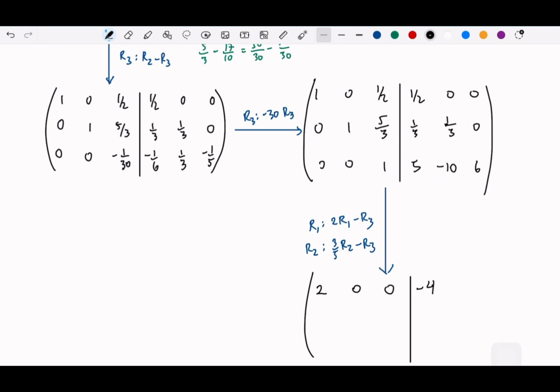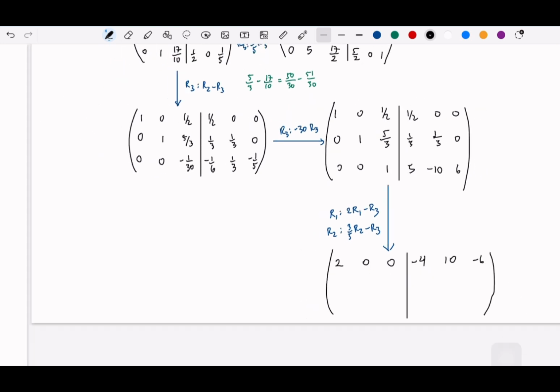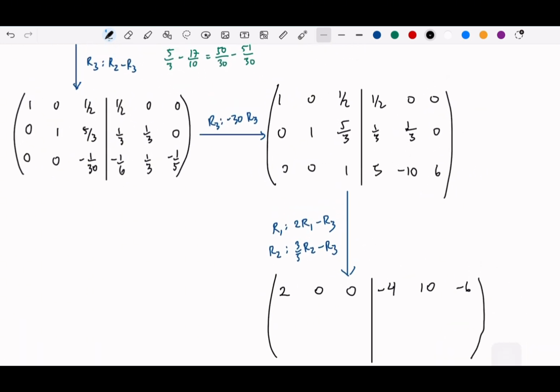And then 0 minus 10, so 10 and negative 6, right? And then this will be 0, 3/5, and 1 minus 1, 0, 3/5, 1/5 minus R3.